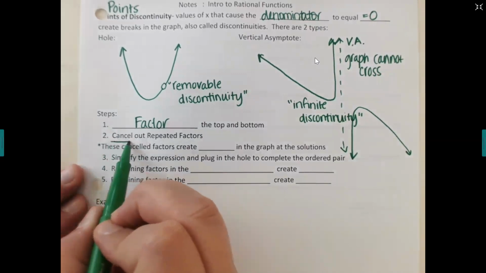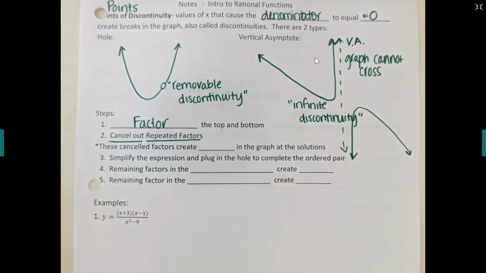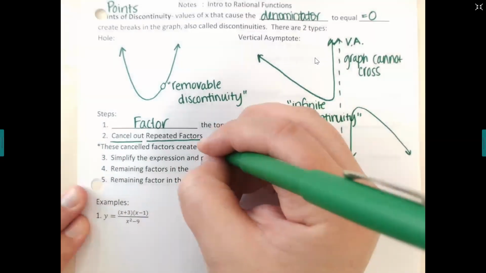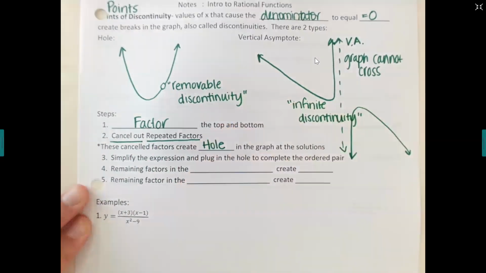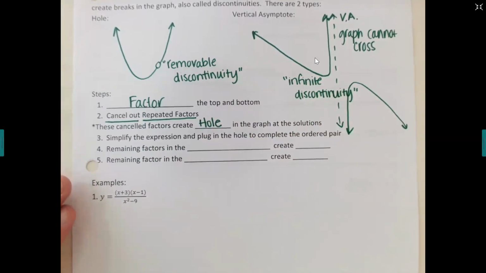Okay, so you're going to cancel out any repeated factors. If you cross out a repeated factor, that means that that factor would have created a hole in the graph. And for your practice today, it does just call it a hole. It doesn't say removable discontinuity. Okay, so holes are the ones that cross out.